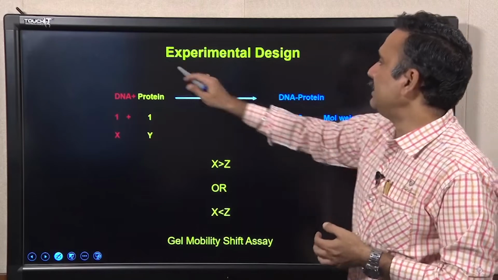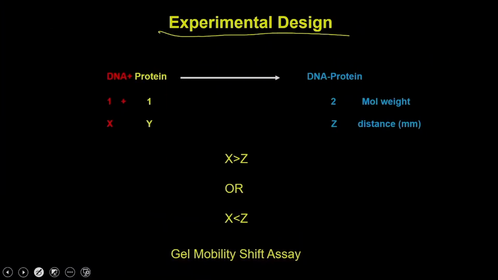In the experimental design we have two molecules, one is DNA and the other is the protein, and they interact with each other to form the DNA-protein complex. Let us assume that the DNA has a molecular weight of 1 unit and the protein also 1 unit, which means the DNA-protein complex is going to have a molecular weight of 2 units.